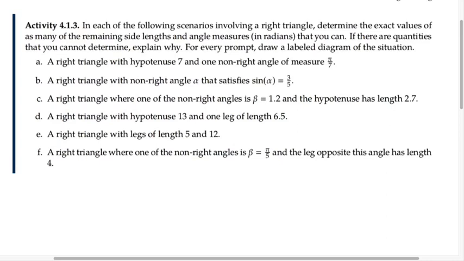For example, if we're asked for a right triangle where one of its non-right angles satisfies sine of that angle is 3 over 5, how could I draw a triangle in which that holds? I'm going to just draw a generic triangle for a second without respect for scale. My right angle is over here in the bottom right-hand corner.